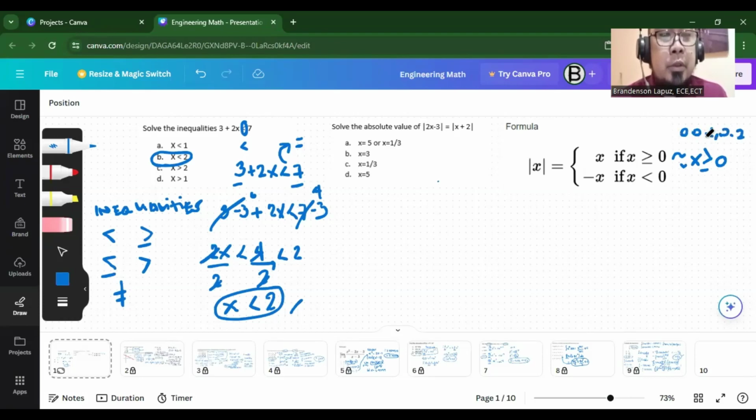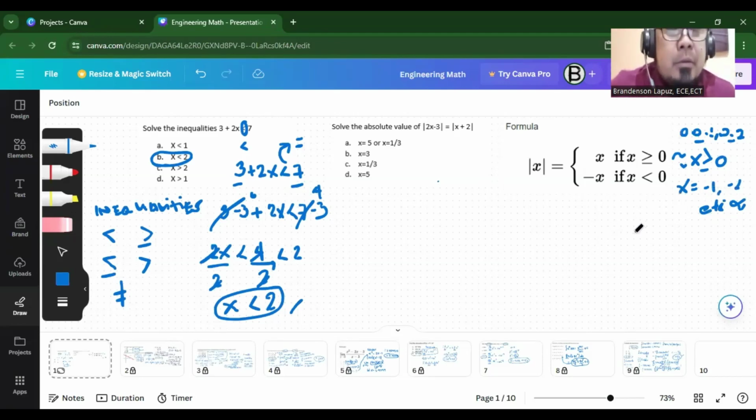Then we have negative x if x is less than 0. How does x become less than 0? If x is equal to negative 1, negative 2, and so forth, until negative infinity.